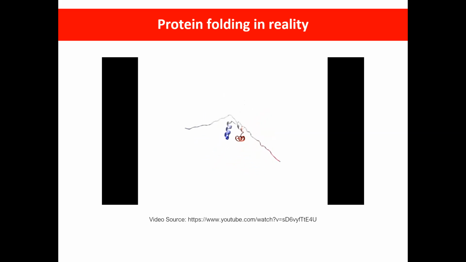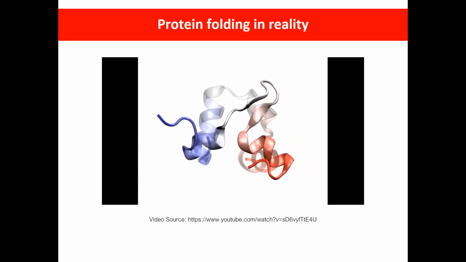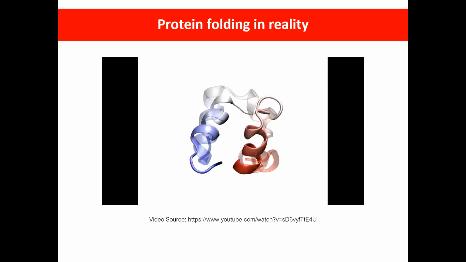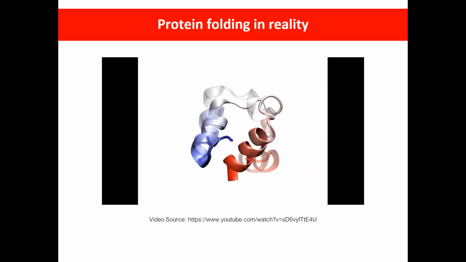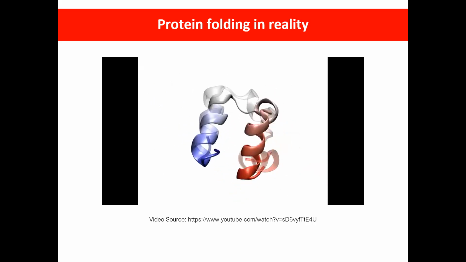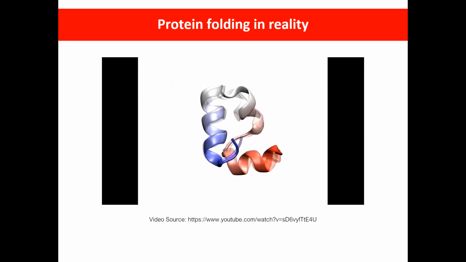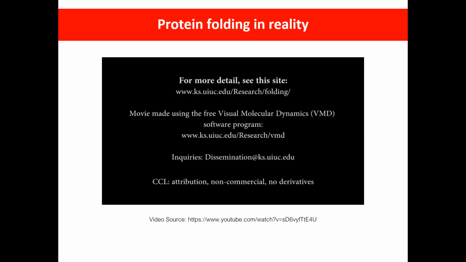You see that this is the completely unfolded structure, and then the protein will start to fold as the computer simulation proceeds. Now this is the folded structure of the protein, starting from a completely unfolded structure.